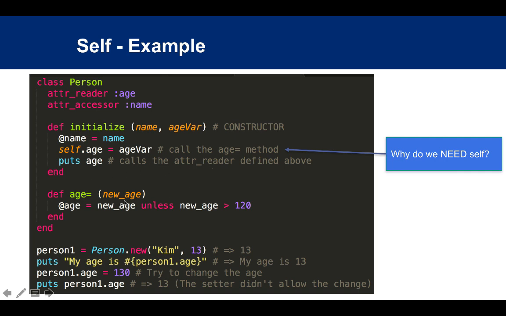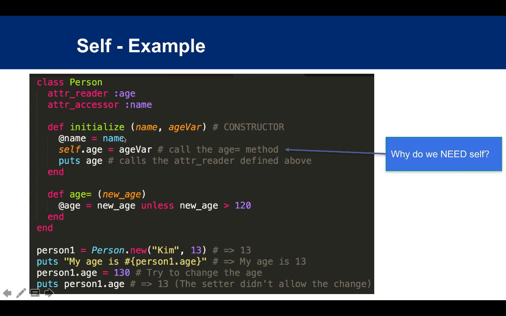So in the age setter, we're going to say, here's your age, and set the new age to this age, unless the new age is greater than 120. So that's how we are controlling the max age of this instance.